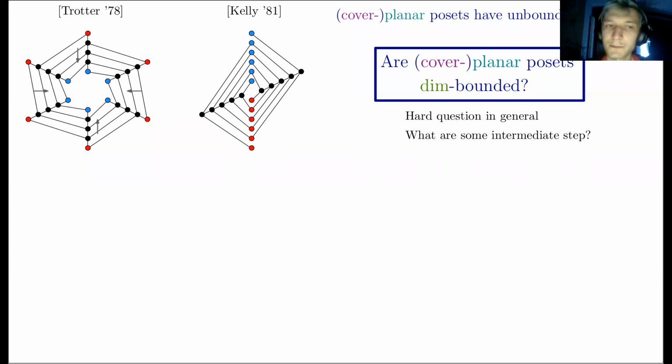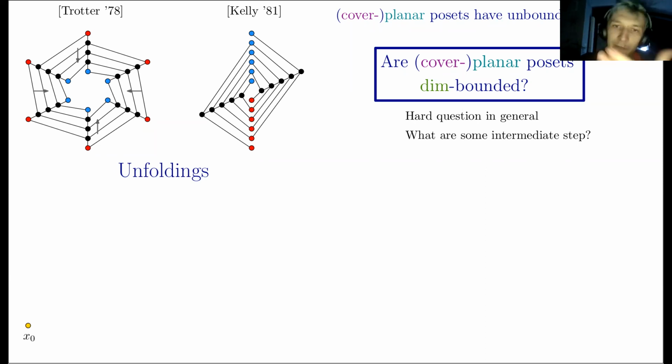What can we relax to make this problem easier? I will try to explain what the natural intermediate steps are in some poset-like sense. To understand this, we need unfoldings, and I will define what an unfolding is and why it's important.